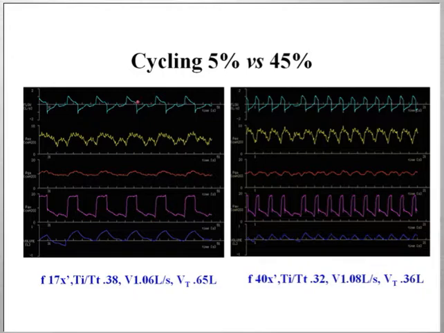And the only difference between these two settings is the cycling-off criteria. Here to the left, you have a cycling-off criteria for pressure support at a very low flow rate, 5% of the peak. And here to the right, exactly the same machine, the same ventilator, the same patient, but with the cycling-off criteria at 45% of the peak inspiratory flow. We used a machine in which we could adjust these different settings.